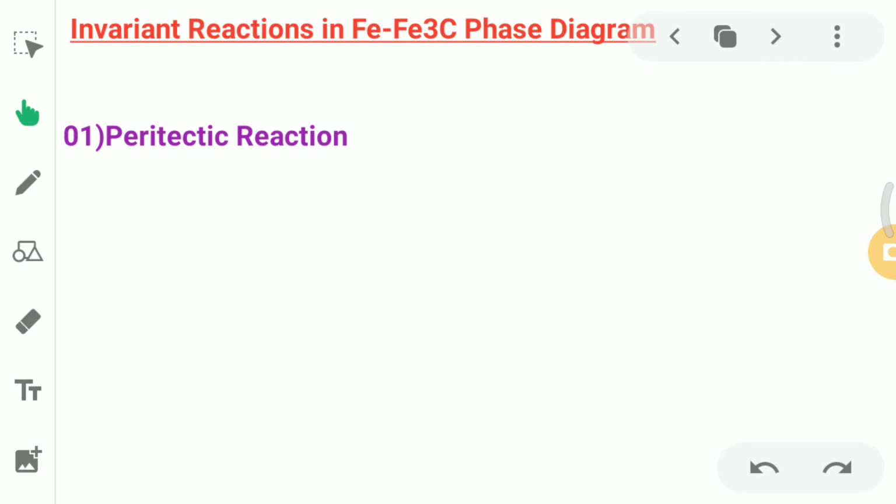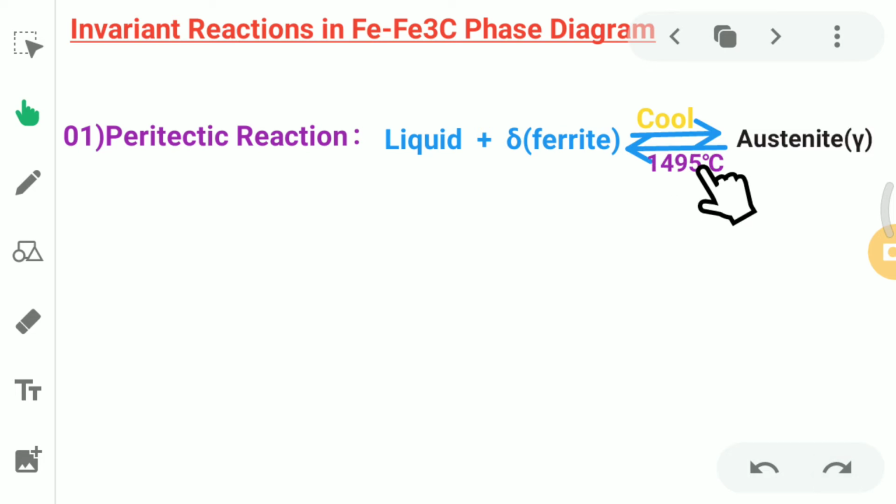Coming to the peritectic reaction here, liquid plus delta ferrite. If we cool the liquid plus delta ferrite, friends, we will get austenite. If we heat this austenite at 1495 degrees centigrade, we will get liquid plus delta ferrite again, friends.